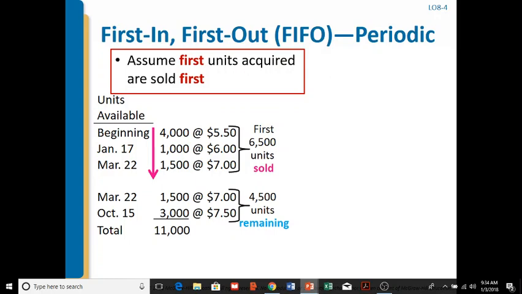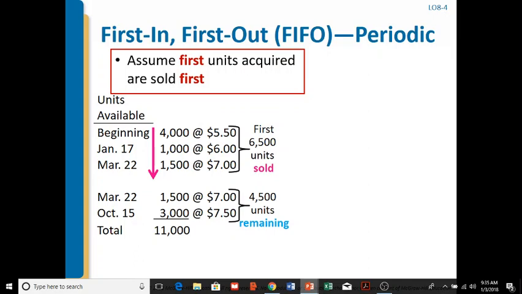You know, if the number of units sold was 7,000 instead of 6,500, we'd have to go to that next layer, March 22nd, and use up 500 from that layer. But here it's exactly the amount of our first 3 layers.